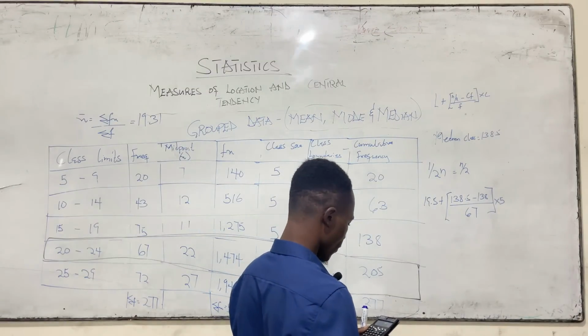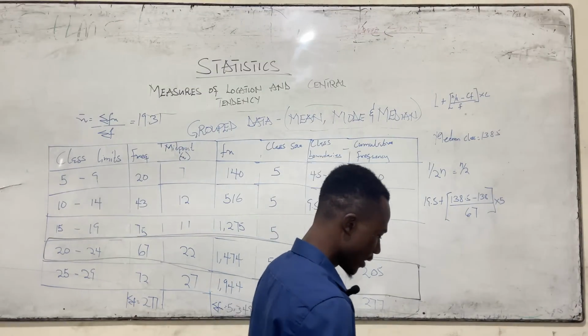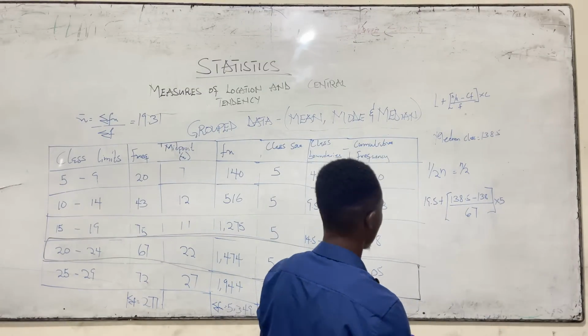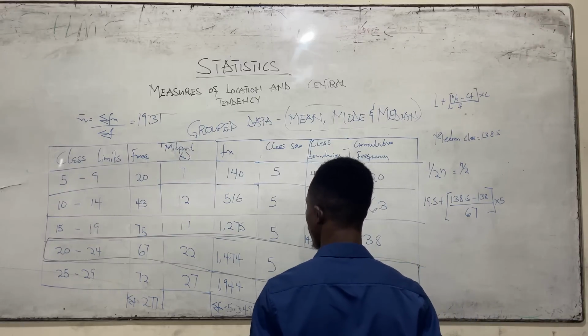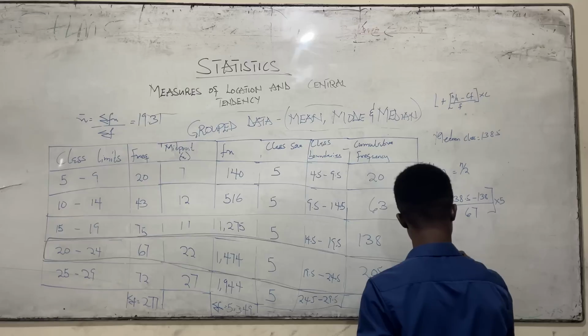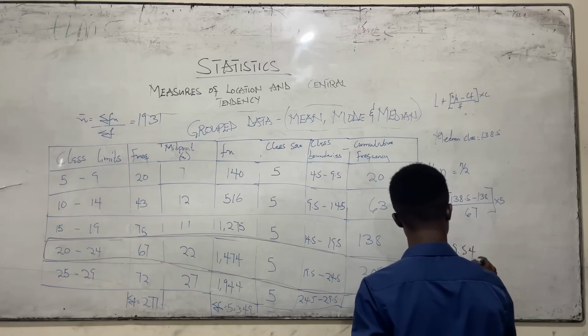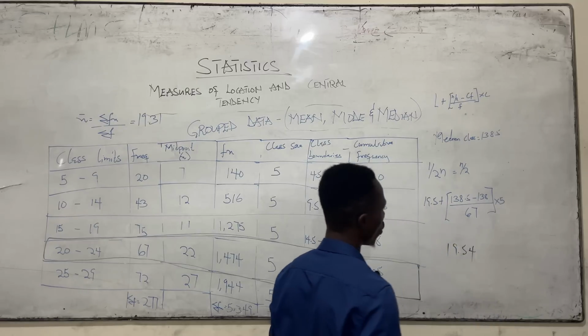So times 5. We have 19.54. This is it. Okay.